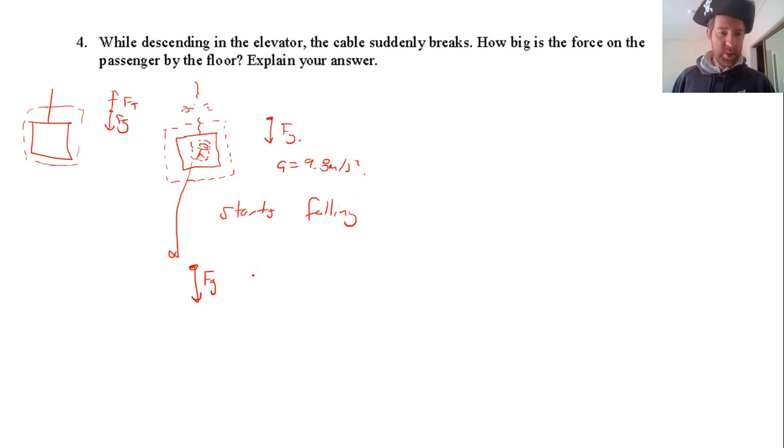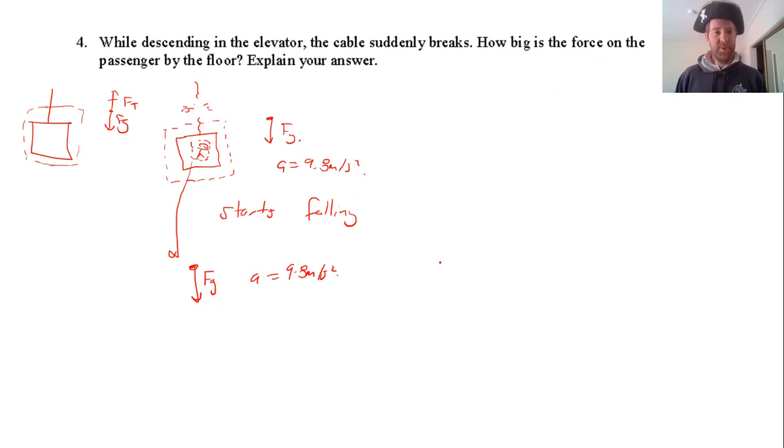And so it starts falling as well. And they fall together. And so that's it. You don't hit the ceiling or anything like that. As soon as the elevator itself starts falling downwards, it moves away from you. You start accelerating downwards as well because there's nothing to push you upwards.